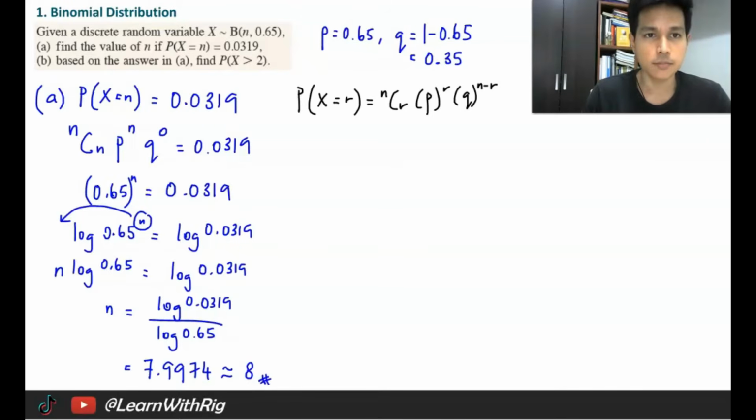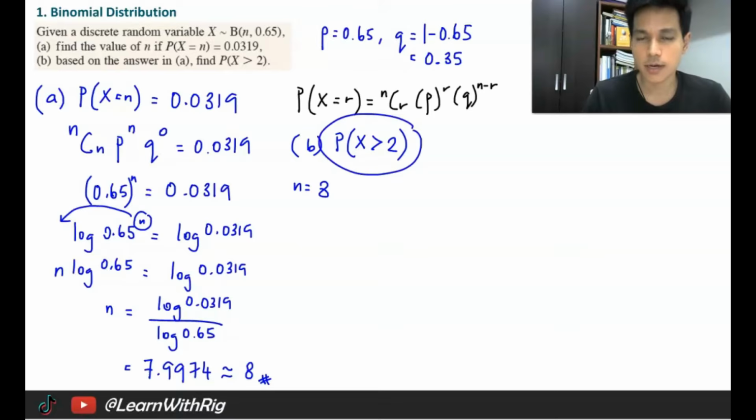So now question B. Question B, based on the answer in A, find, okay, so now they want you to find X is more than 2. From here you know that your n value is equal to 8. So if X is more than 2, that means you are going to find what?